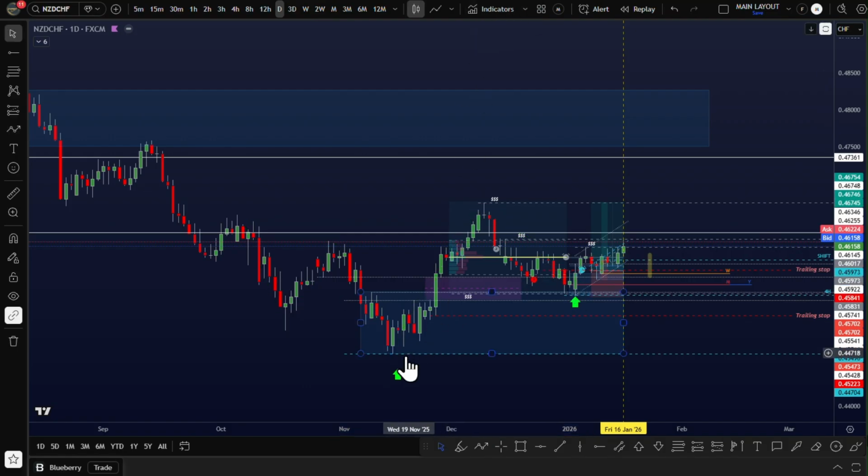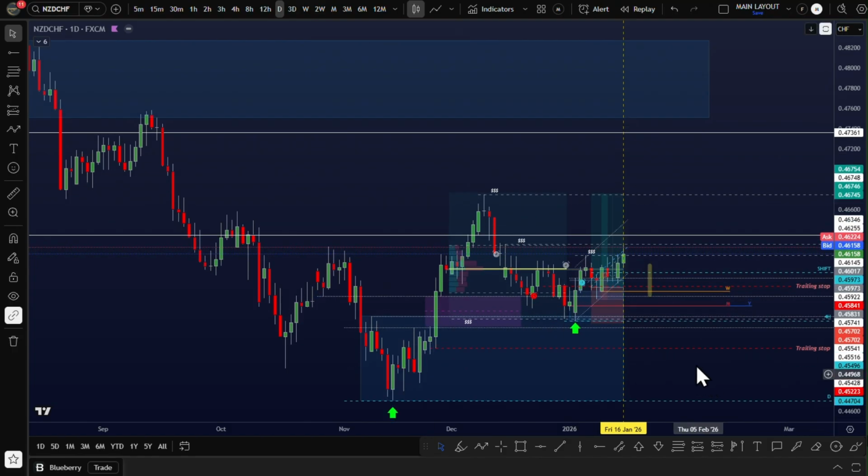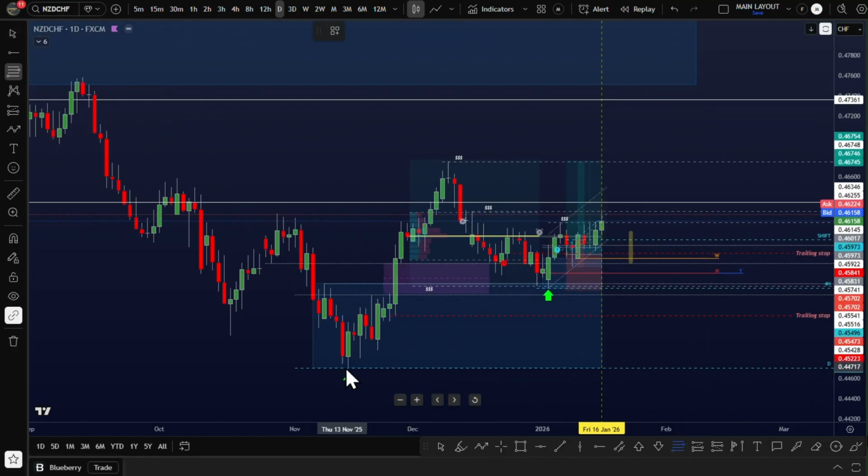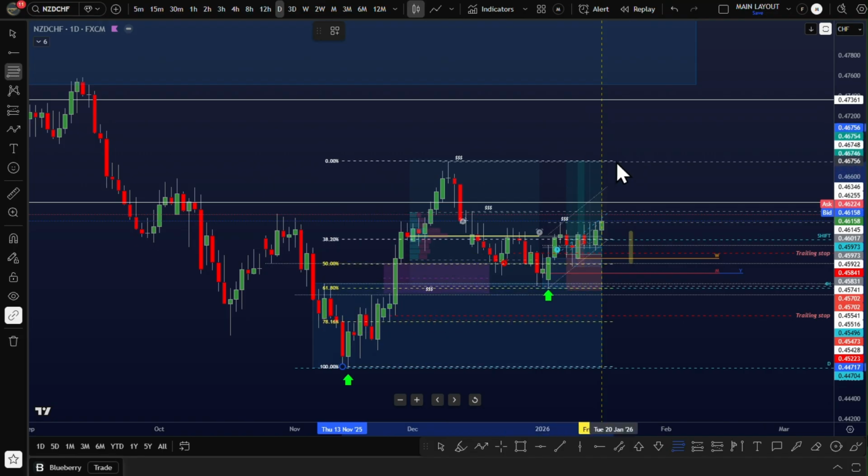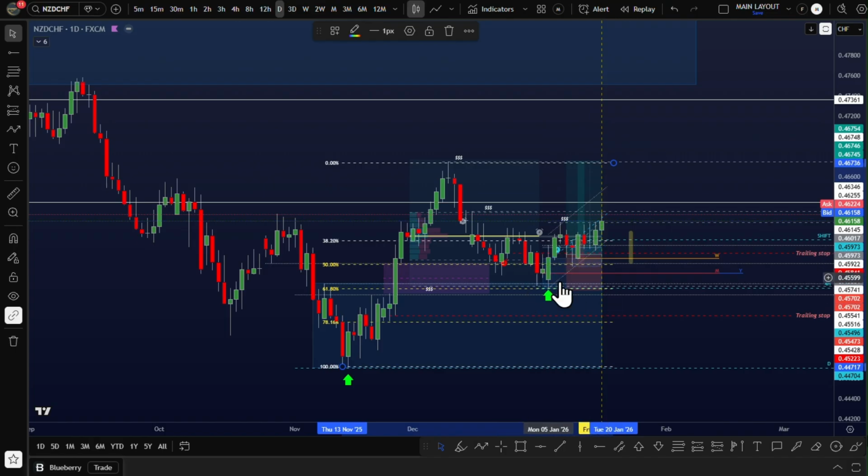That's why I put this arrow below here to mark up my daily order flow, and I'm expecting price to drop around my discount zone to take a trade. So price dropped from premium into discount zone.